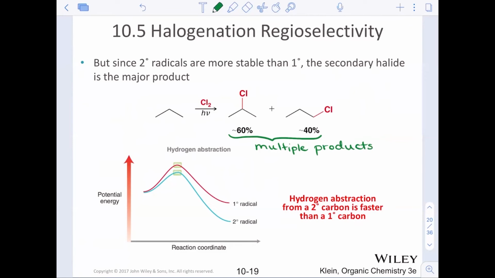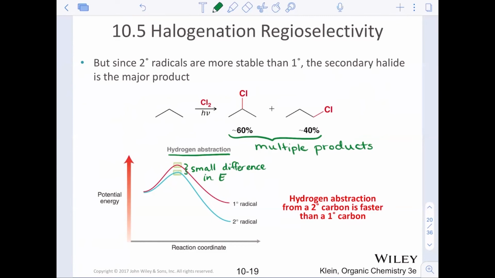And that big overarching reason is because in the rate determining step, the hydrogen abstraction, the transition state difference is very, very small. There is a small difference in energy here. And so either radical will technically form, right?